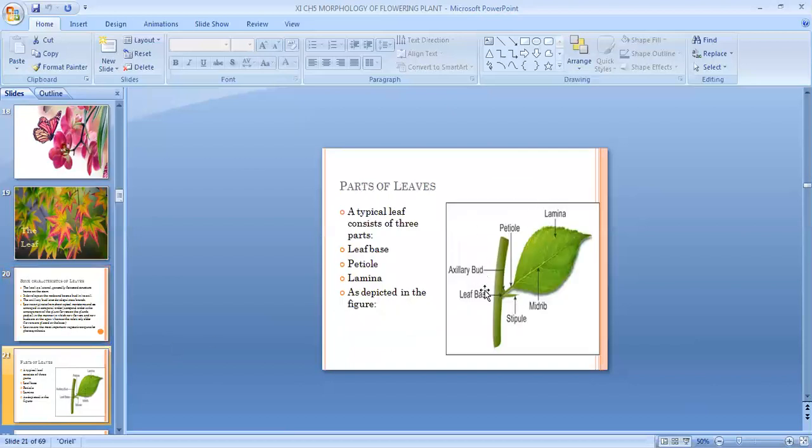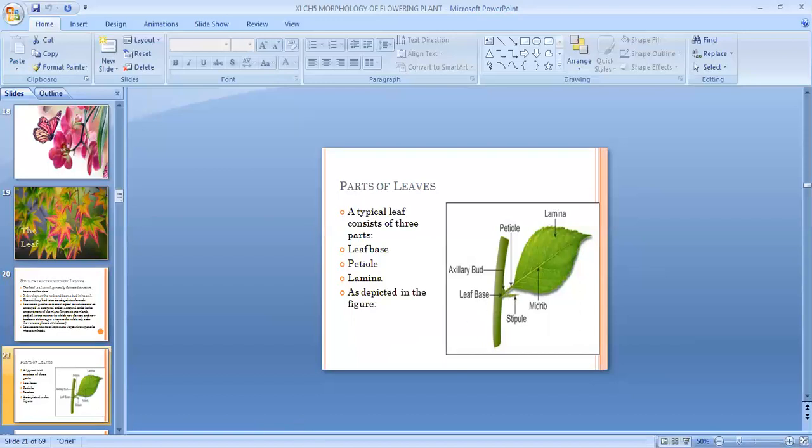I just now explained to you the three parts of the leaf: leaf base, petiole, and lamina. Talking about leaf base, the base from where the leaf originates is the leaf base. In many of the plants, the leaf base is swollen. And when the leaf base is swollen, you call it pulvinus. You see this in leguminous plants.